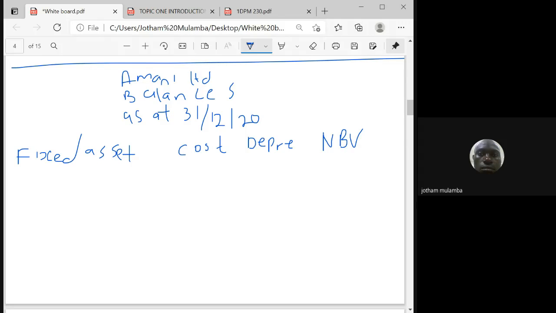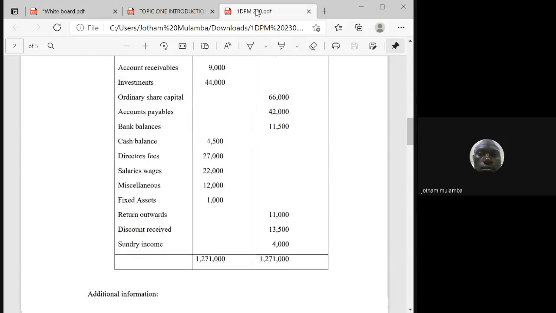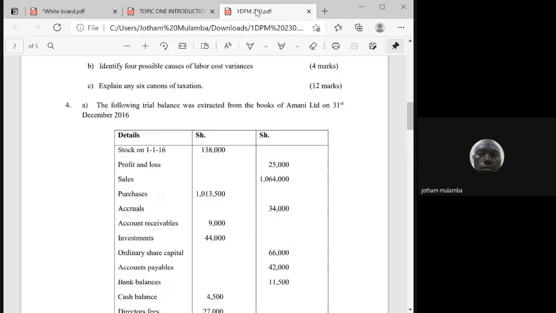Now, considering the question we do have, have you identified any fixed asset?